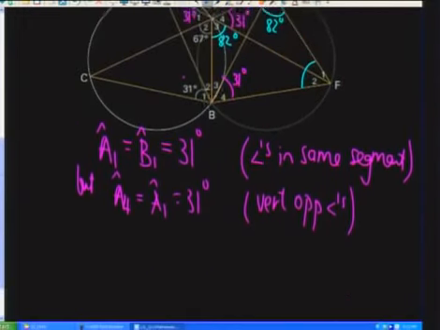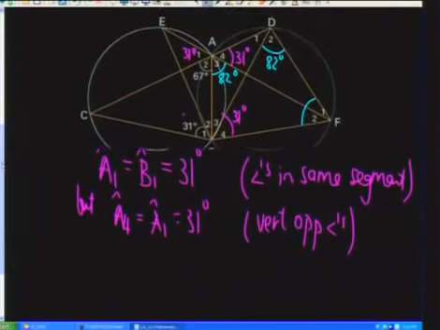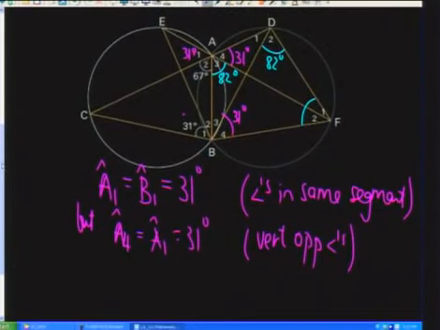And then we've got, let's go too far up, we had that B4 was equal to A4, which was equal to 31 degrees. Again, we were using the angles in the same segment.